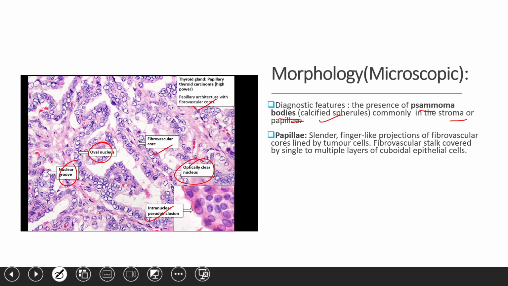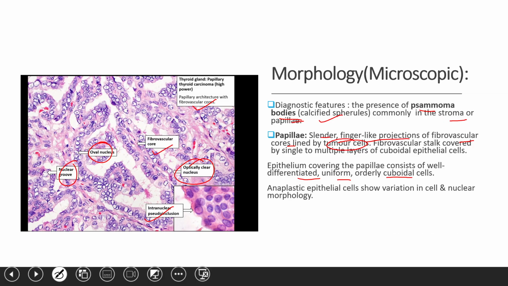Papillae are slender or finger-like projections of the fibrovascular core, lined by the tumor cells. This fibrovascular stalk is covered by single or multiple layers of cuboidal epithelial cells, and the epithelium covering the papillae consists of well differentiated, uniform, orderly placed cuboidal cells.